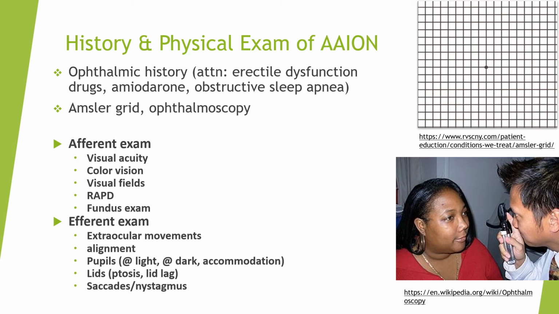The efferent exam consists of checking for extraocular movement, if the eyes are motile, looking at the alignment of the eyes in any position, comparing the size of the pupils and their reactions to light, in the dark, and in accommodation, or focusing on close-up objects.